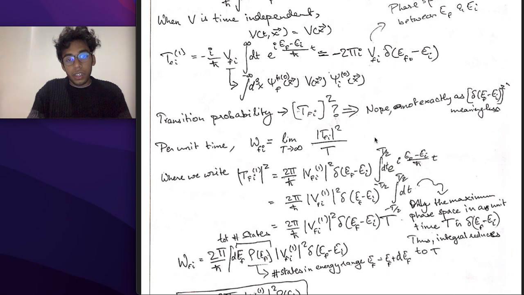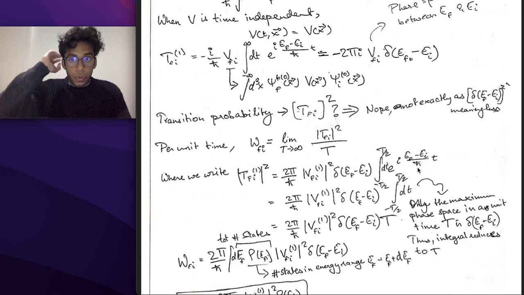TFI square by t. Now, the idea that we put into practice here is that instead of writing TFI as delta square, we take it as delta and we retain this integral with respect to time over here.